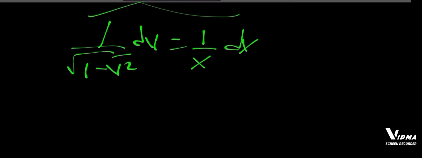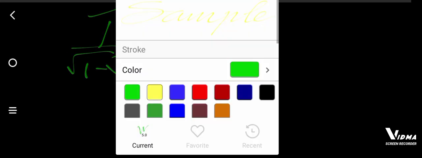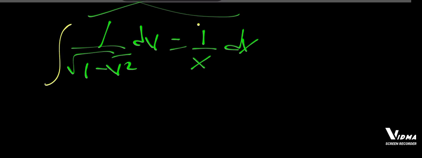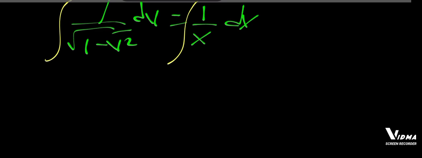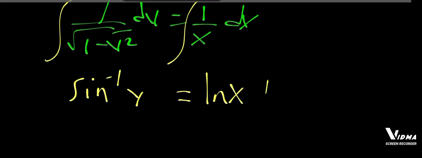And now we integrate. So in integrating, we have 1 over square root of 1 minus v squared. It looks like the derivative of sine inverse. So it means the integral becomes sine inverse of v. And here 1 over x is just ln x. And remember, we add our plus ln c.